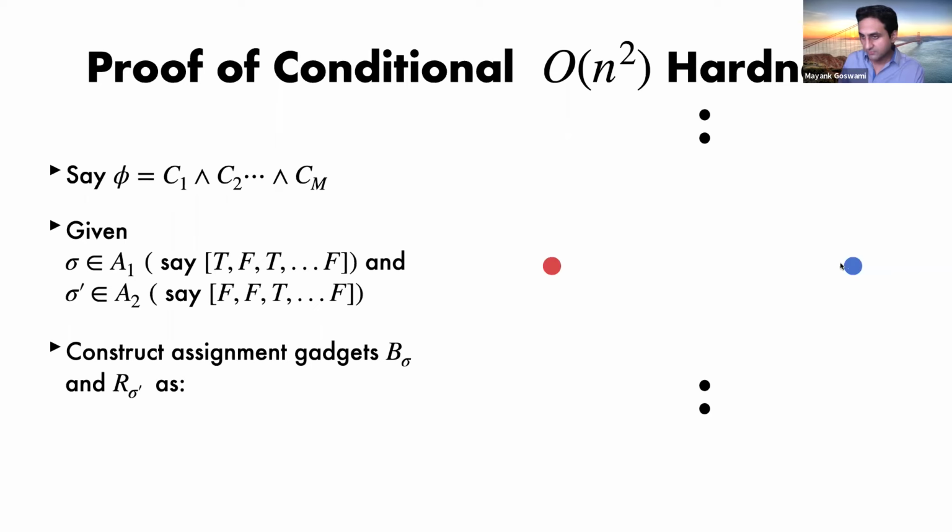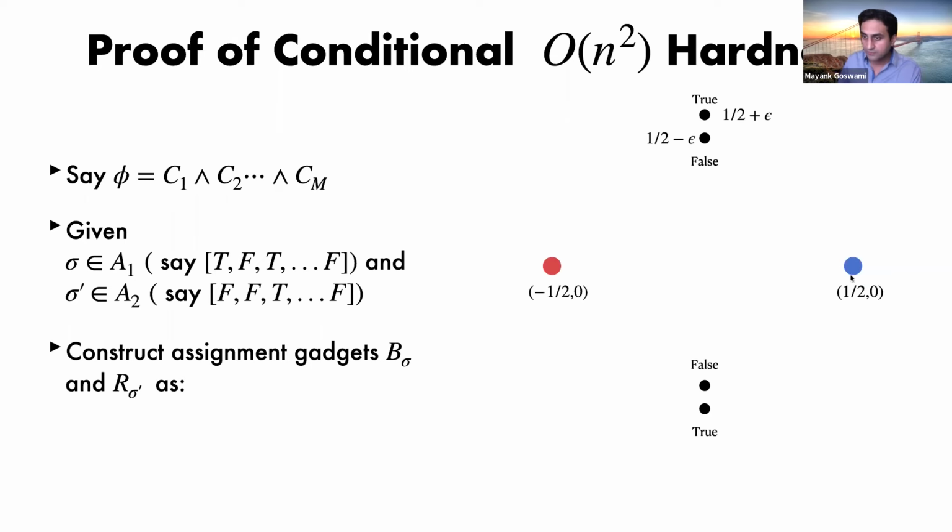So blue starts from this point, which is the point (1/2, 0), and we have these 4 points. So this is the x-axis, and that's the y-axis. And this point is slightly below 1/2, and that point is slightly above 1/2 from the origin. And similarly, this point will be slightly less than 1/2 from the origin, and this point is slightly greater than 1/2 from the origin.